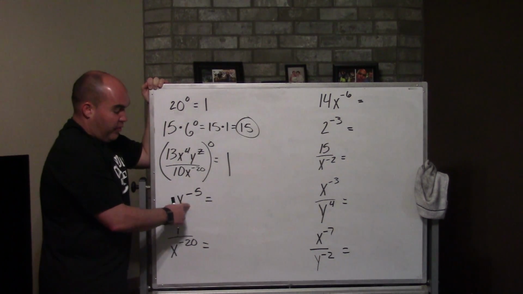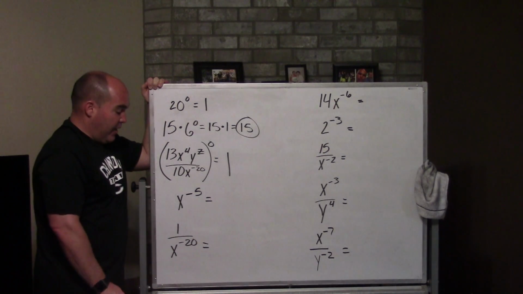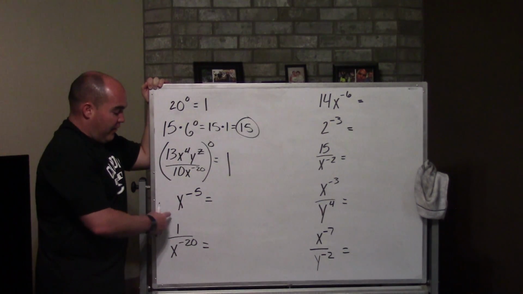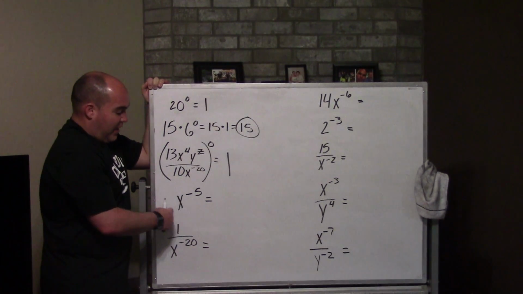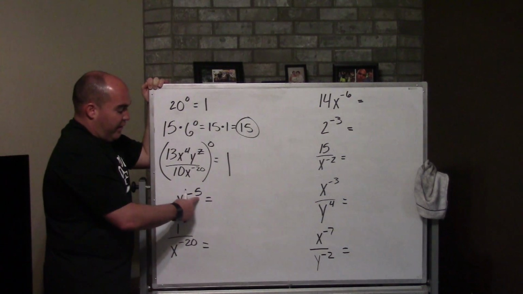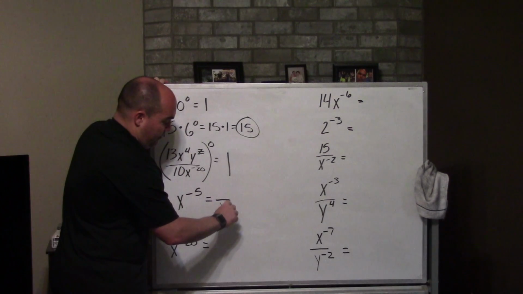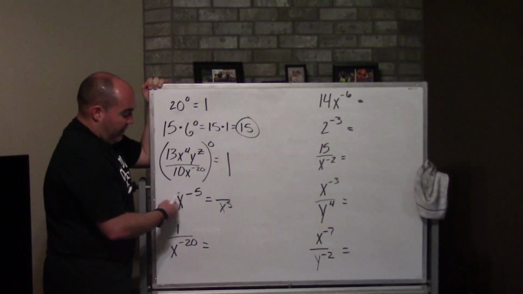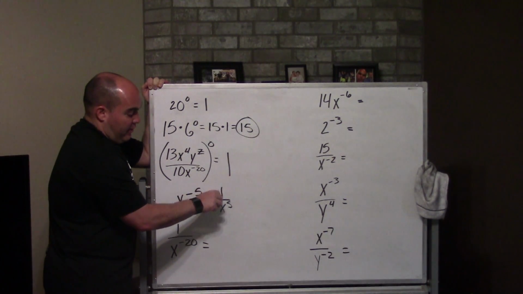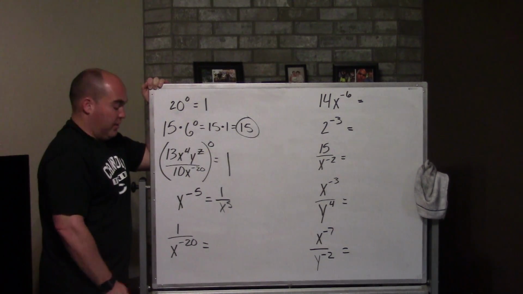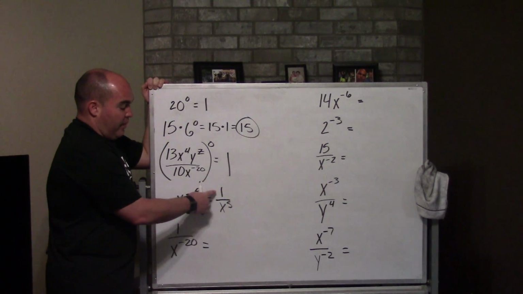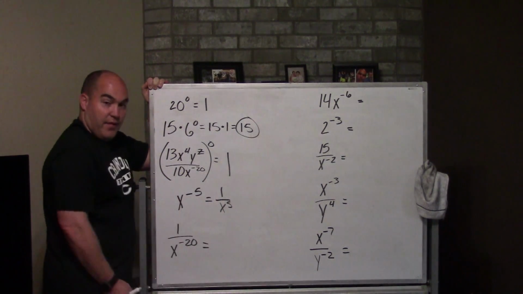Negative exponents. When you have a negative exponent, all you need to know is if that negative exponent is on the top, so right here we have x to the negative 5th, you're going to move it to the bottom of a fraction. If there's nothing else up there, we have to put a 1. So this x to the negative 5th becomes 1 over x to the 5th.